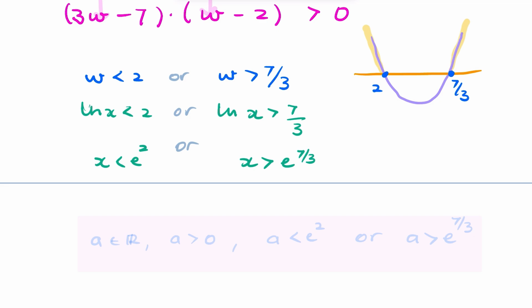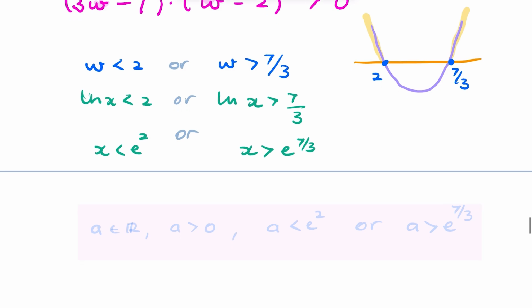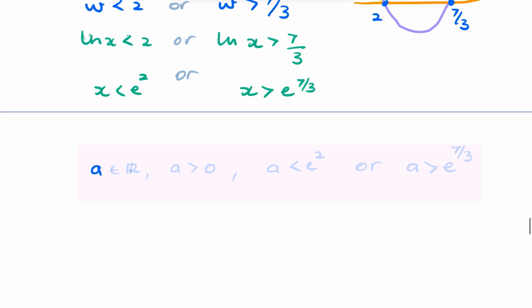They're asking for the range of values of a for which g of a is positive. So you'd say something like a is an element of the set of real numbers, a is greater than 0, a less than e squared or a greater than e to the 7/3.